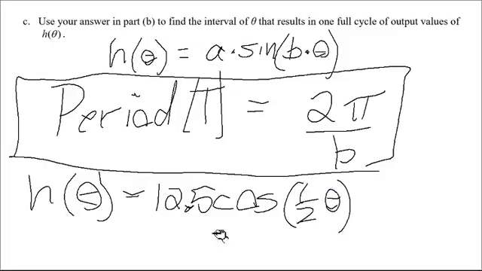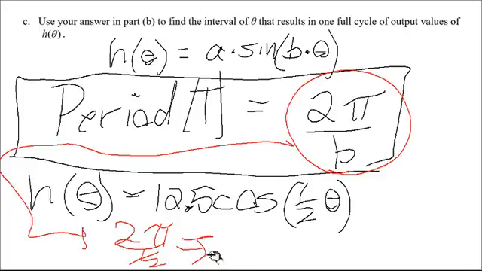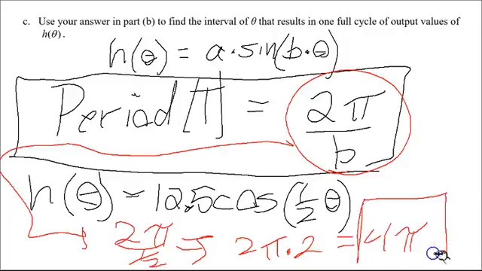Using this formula, we would conclude that our period is 2 pi over 1/2, which gives us 2 pi times 2, precisely the same result we got before. And so our period, the time it takes for one complete cycle of outputs, would be 4 pi.